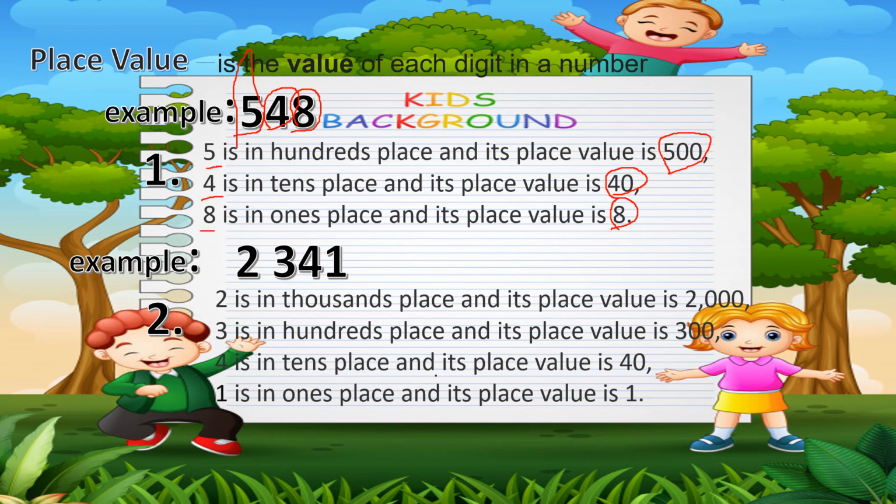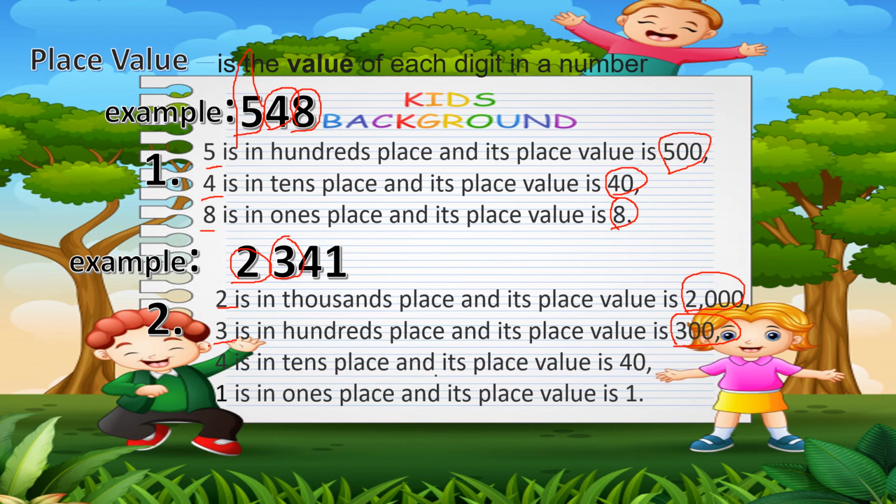Okay, got it? Now we have another example, the number 2,341. 2 here is in the thousands place, so its place value is 2,000. 3 is in the hundreds place, and its place value is 300.